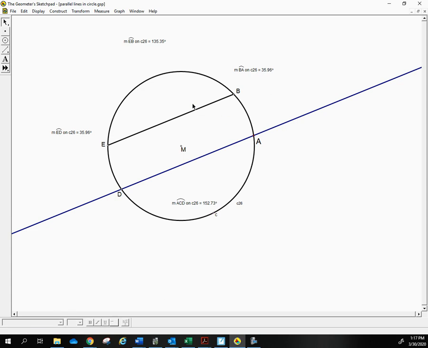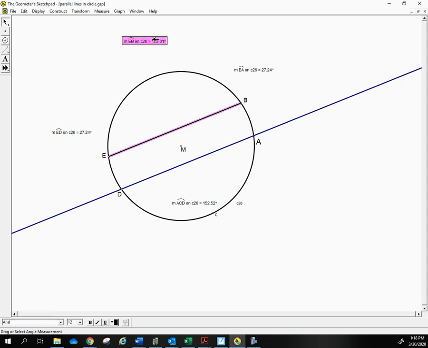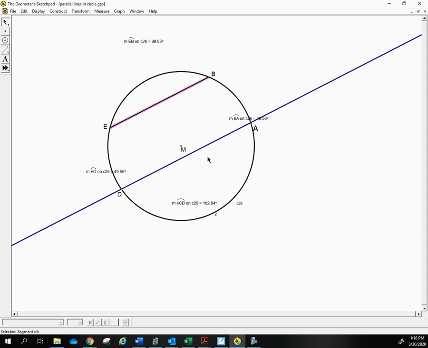If I put this line right here an equal distance from M as it is from AD, I could probably get these two here pretty close to the same if I really tried. That's not my point, but what I wanted you to understand is no matter what you do, the arcs between the parallel lines will be the same, no matter where they're at. These two right here will not.